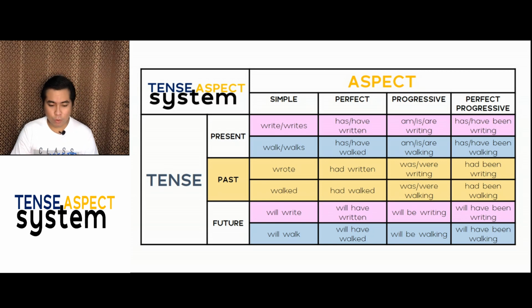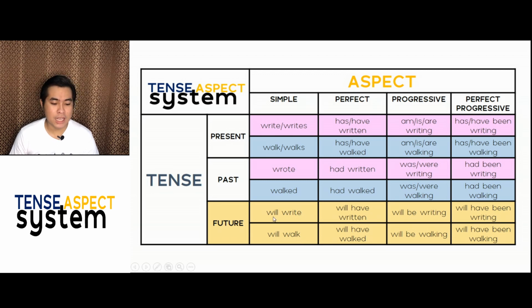And then the last one, okay, we have the future tense, the future tense with its aspects. As you can notice here, for the simple future, the verb doesn't have any inflection. Okay, you retain the base form, regardless if it is a plural or singular subject.